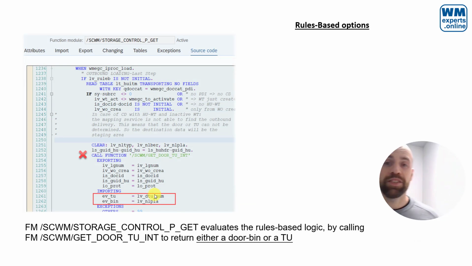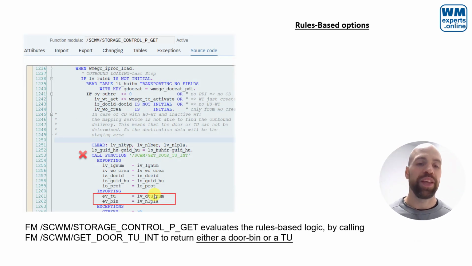Now we come to the interesting part, the rules-based options. And those of you who have watched the other videos about the process-oriented storage control might be familiar with the function module SCWM storage control PGET, because this is a function module which evaluates all the rules-based determination logics for the different process step types.